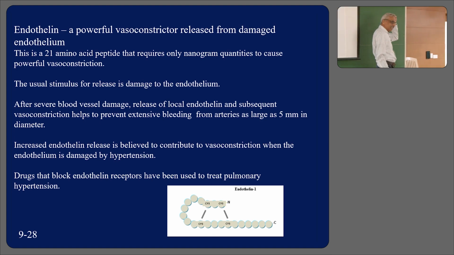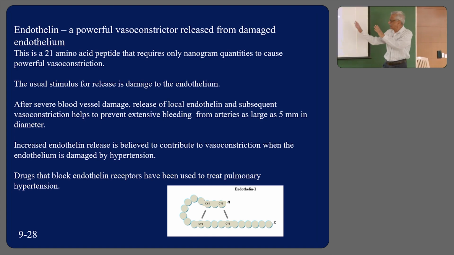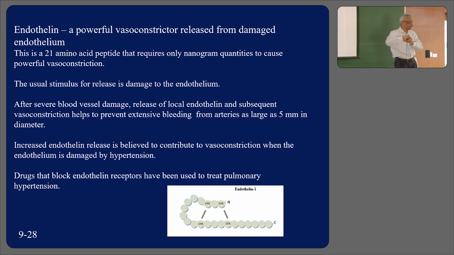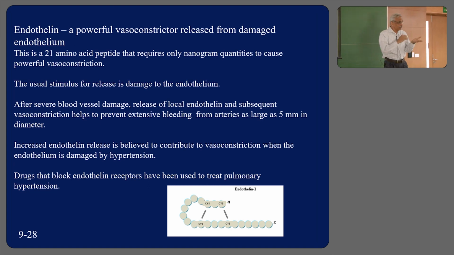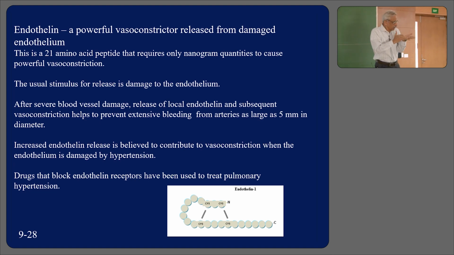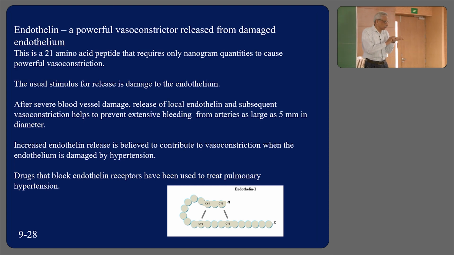Just see, this is almost a locally acting substance, but it is very important. If there is a wound, our physiological system must come to our rescue, and one of the immediate problems is loss of blood.